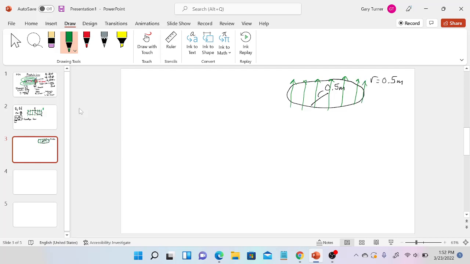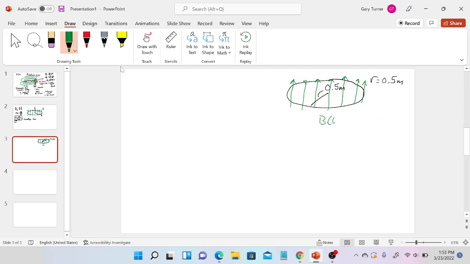And let's say that the magnetic field is dependent on time. So the magnetic field is a function of time, and let's just give this a value of 1 Tesla. And as a matter of fact, let me write this over this way just a little bit.